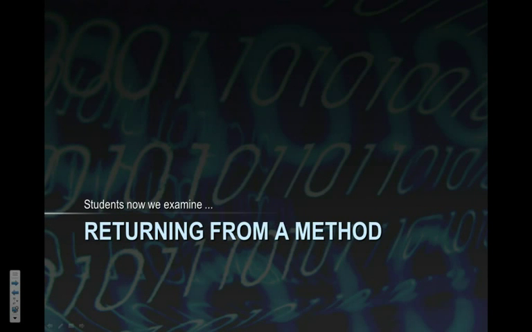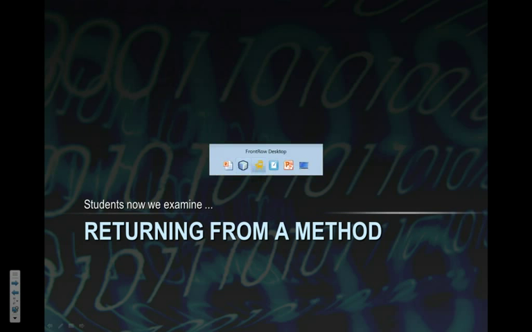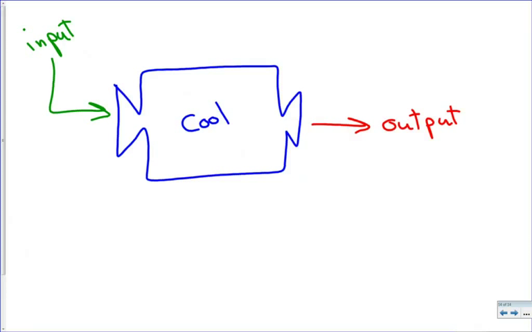Okay, so now I want to introduce the third thing about methods. So you know what a method is. You know what parameters are. Now we go to the other end of the spectrum. So we now know that into a method you can have multiple inputs. Could be 0, could be 1, or could be more than 1 input.